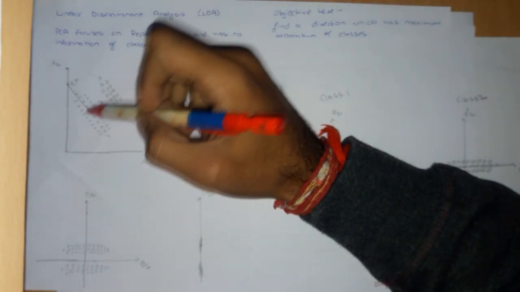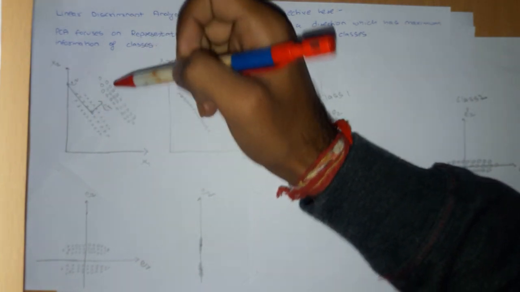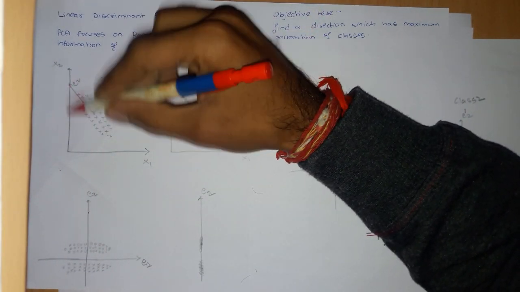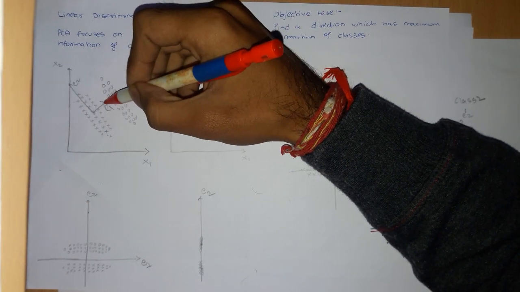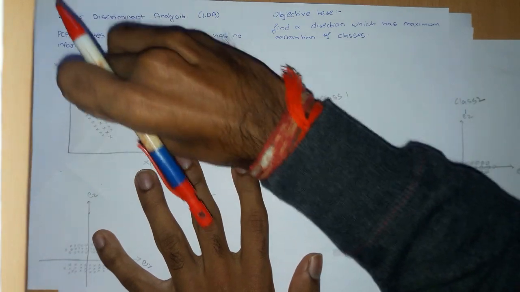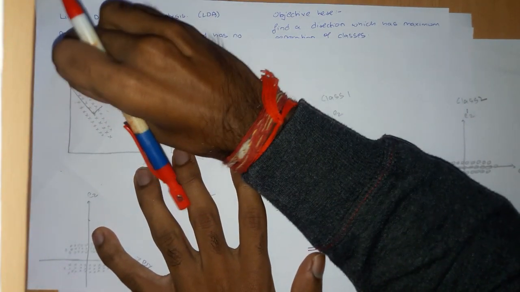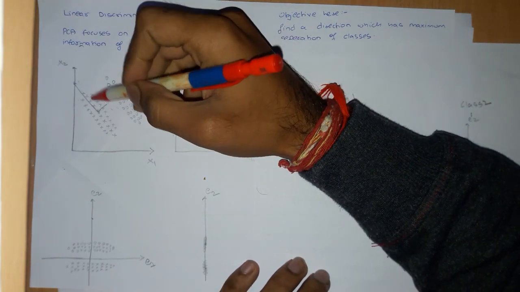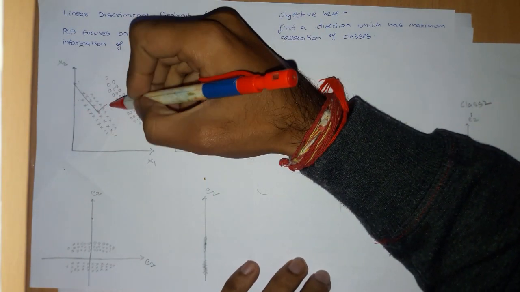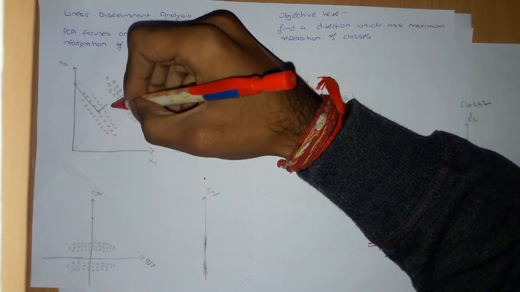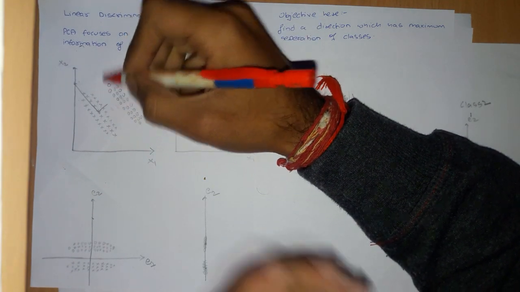But what if, instead of taking these two classes separately, we combine both of these classes and then take the mean and variance? Instead of taking these separately, suppose I combine both of these classes and then transform.